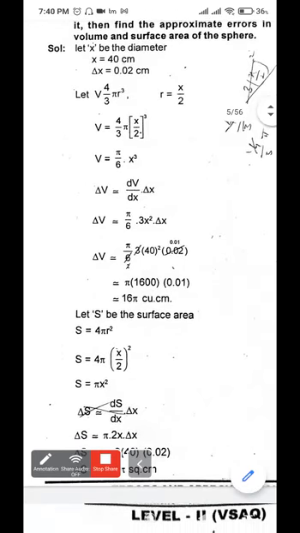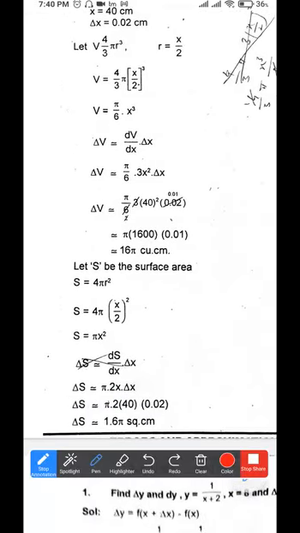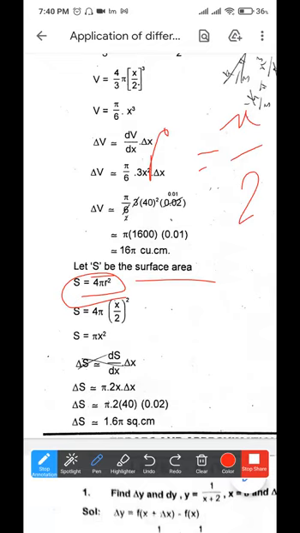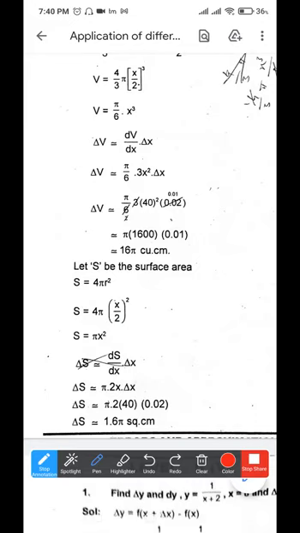But what is the change in surface area? Let S be the surface area. Surface area is 4 pi r square. Then r is equal to x by 2. Substitute over here and find the differentiation. S is equal to pi x square.